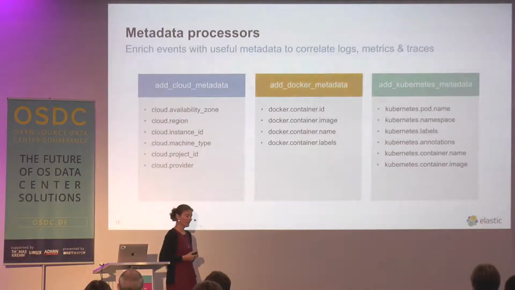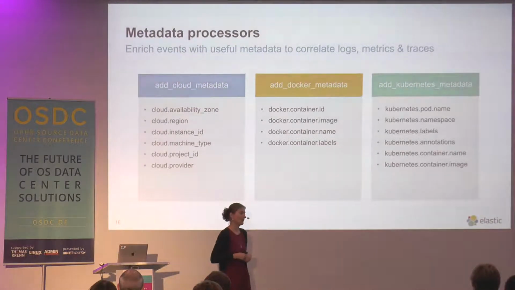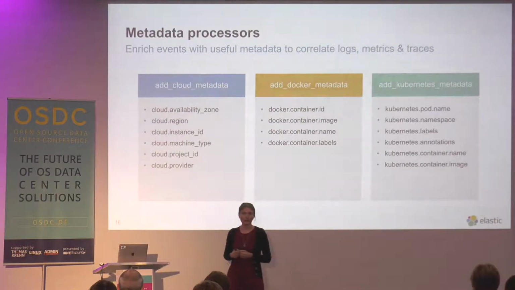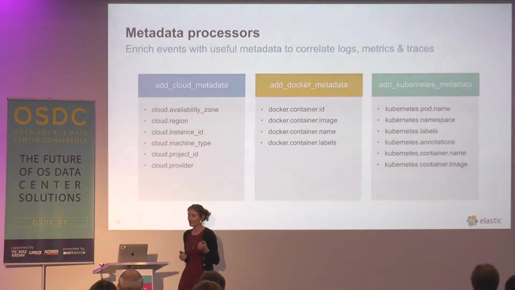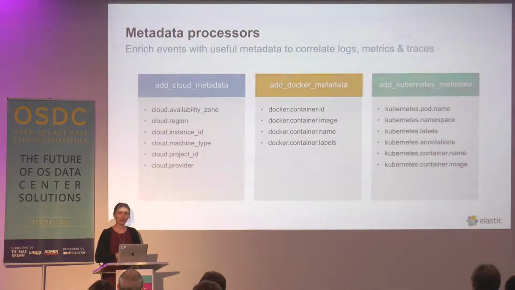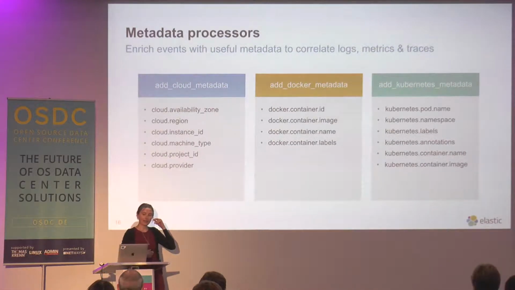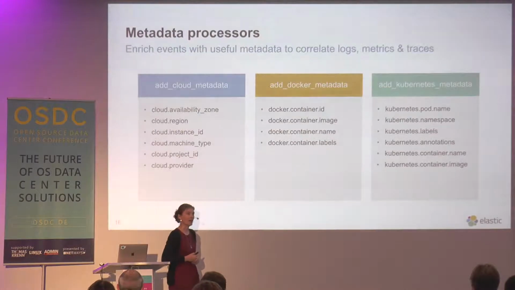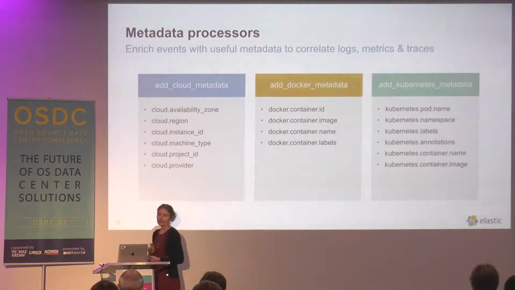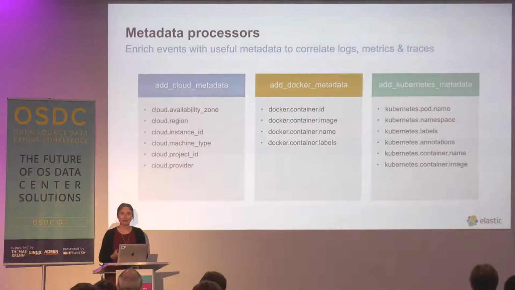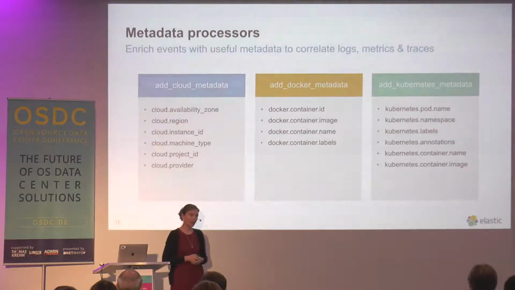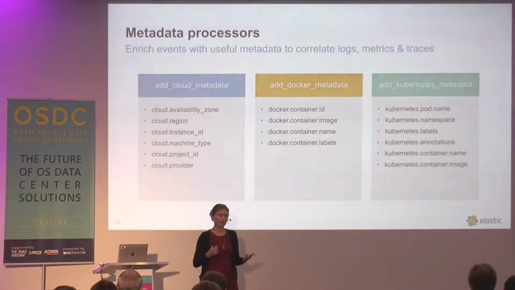Add_docker_metadata enriches all the data coming from Beats, logs, metrics, and traces, with Docker metadata, like the Docker ID, the labels, and the name of the container. And add_kubernetes_metadata enriches the events with Kubernetes metadata, like the name of the pod, the namespace, the labels, annotations, and so on. You can enable one or multiple ones at a time.